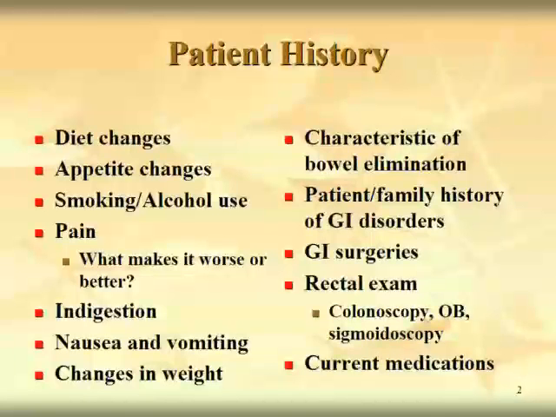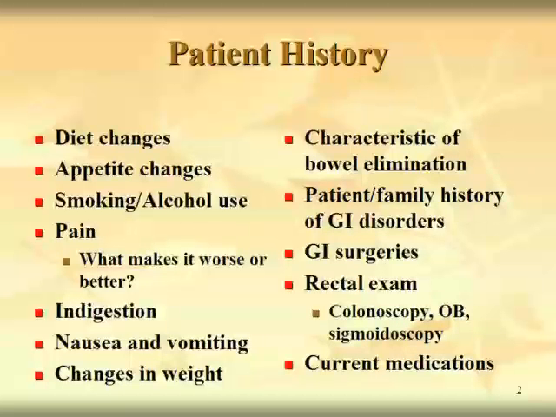Also part of the assessment should include if the patient has any problems with indigestion or swallowing, nausea and vomiting, if the patient has had some major changes in weight, either gains or losses. Characteristics of bowel elimination, if the patient has had problems with constipation and diarrhea as a change.